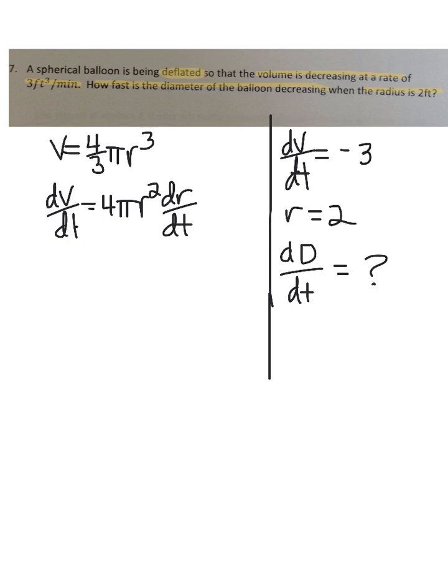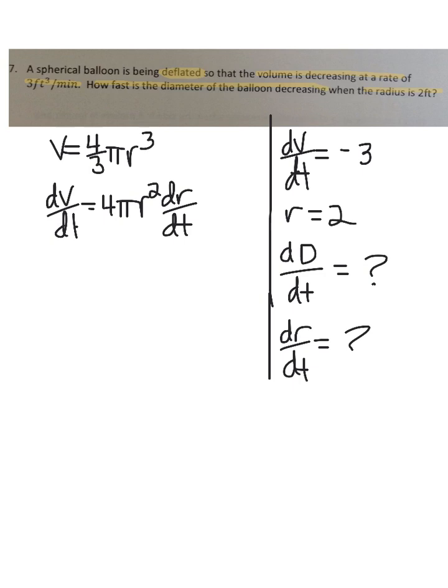Because let's think about this. If I can find dr/dt, let's just say we really don't know what it is. But if I find this, all I have to do is double it, and I will get this, because the ratio between a radius and a diameter is 1 to 2, right? The diameter is double the radius, so if I find this, all I have to do is double it, and I will get the answer to the question. Okay, so it's not really all that bad.